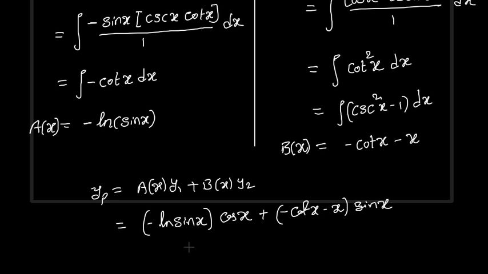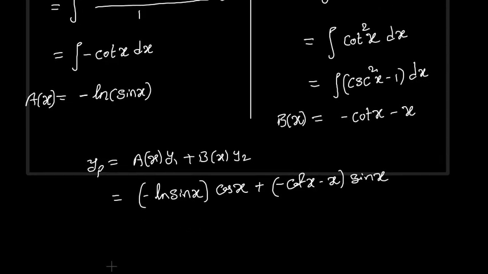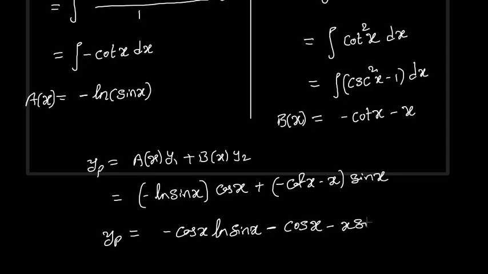So if we simplify this, finally we can get the particular integral: minus cos x into ln of sin x, and minus of cot x into sin x, that becomes cos x, which is cos x minus x into sin x. That's it. So this is the particular integral.